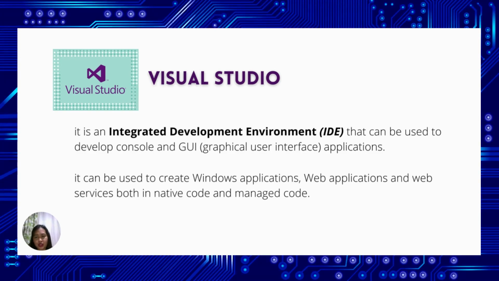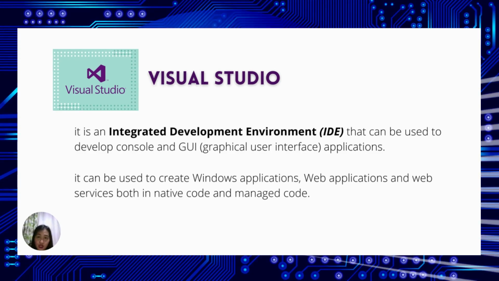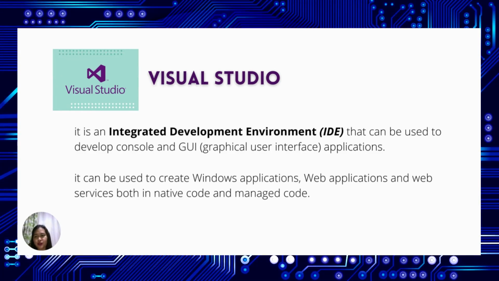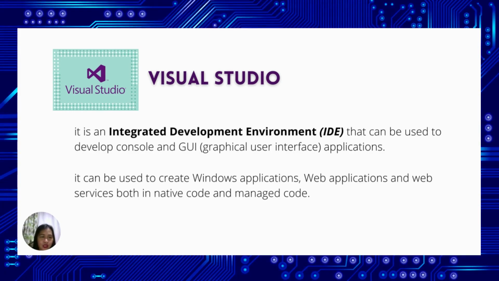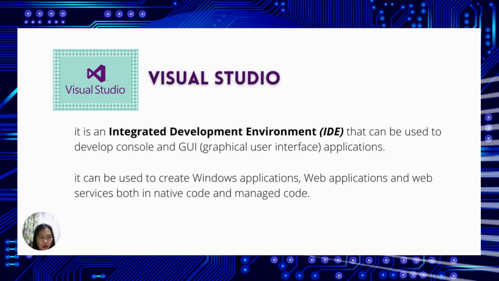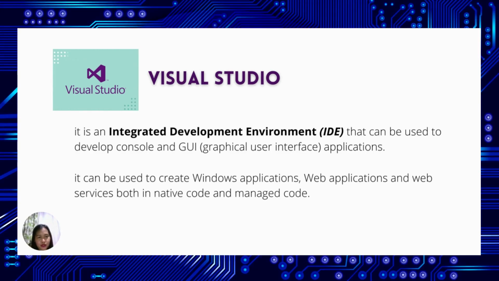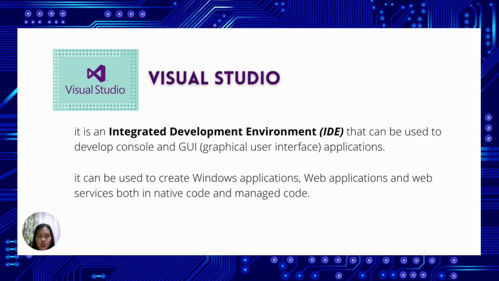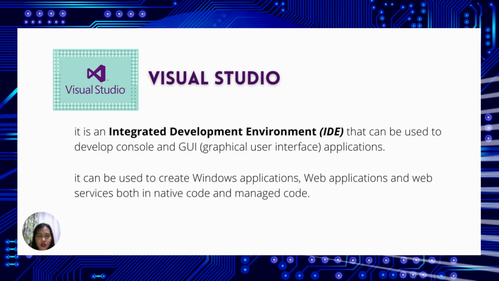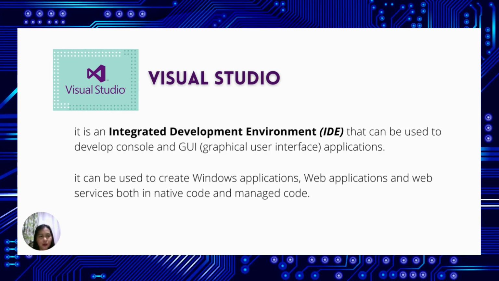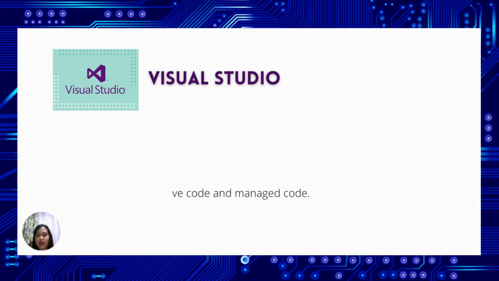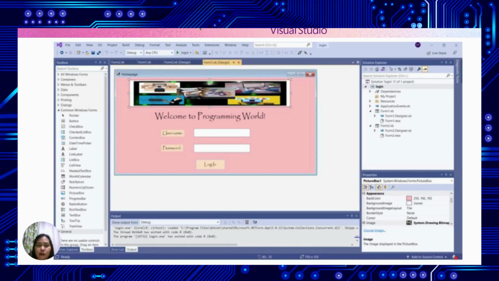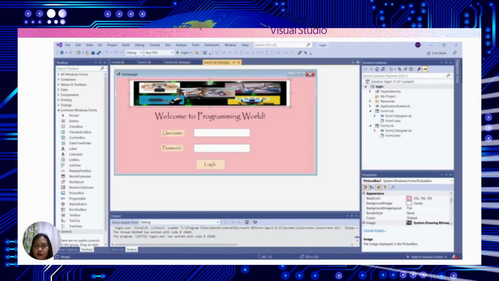Examples of GUI applications use icons, menus, and a mouse. Visual Studio can be used to create Windows applications, web applications, and web services, both in native code and managed code. So this is an example of the environment of the Visual Studio.